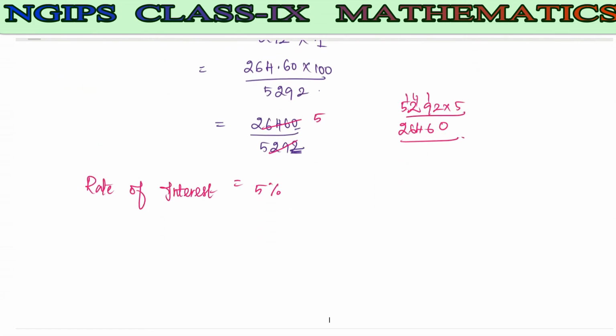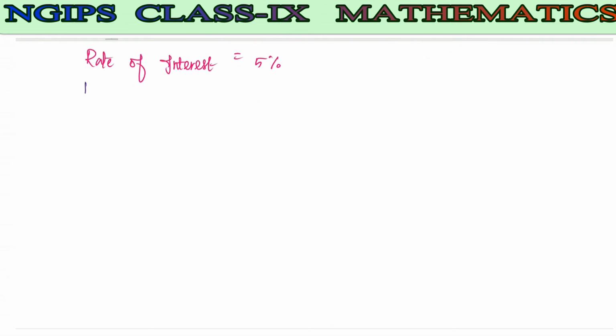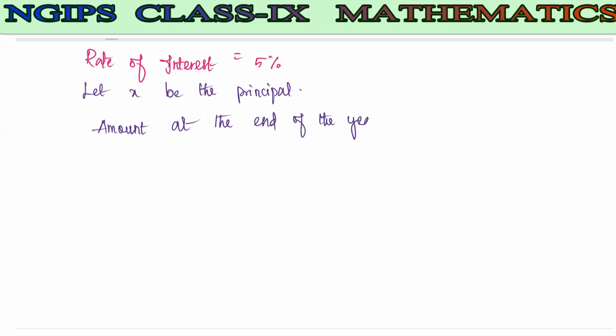So first I am going to write here: let x be the principal. Amount at the end of the second year is equal to 5292 rupees.